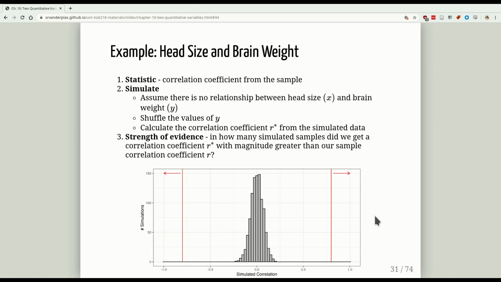So we don't have anything to shade in at all. All right, so our p-value here for this simulation is less than 0.001, right? If we did 1,000 simulations, we can only say that it's less than 1 over 1,000. We can't say that it's exactly 0.